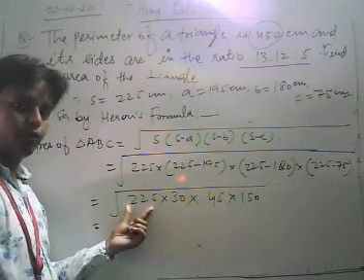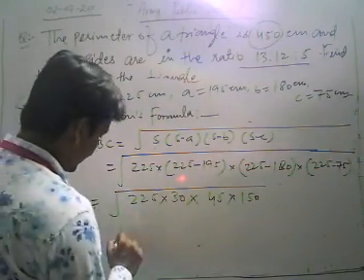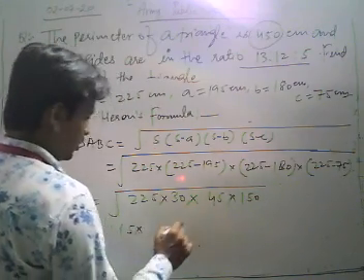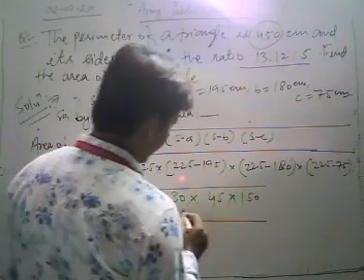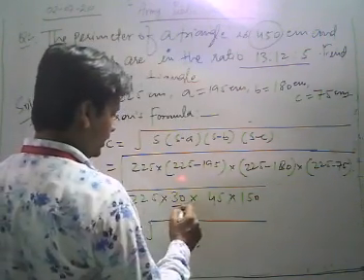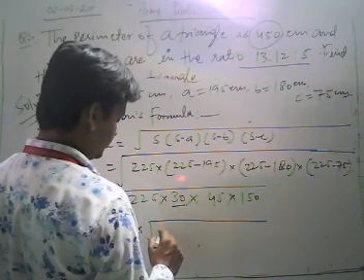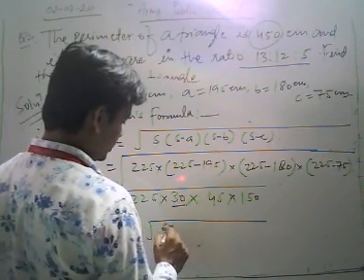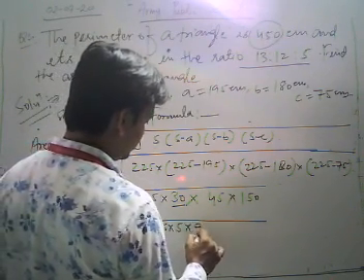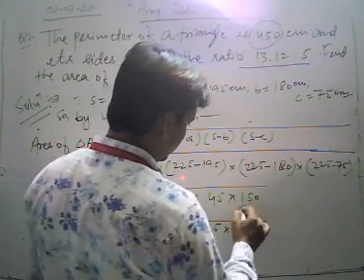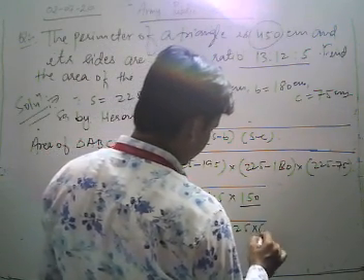Here the square root of 225 is 15. Now we split that: 6 into 5, into 9 into 5, that is 25 into 6.